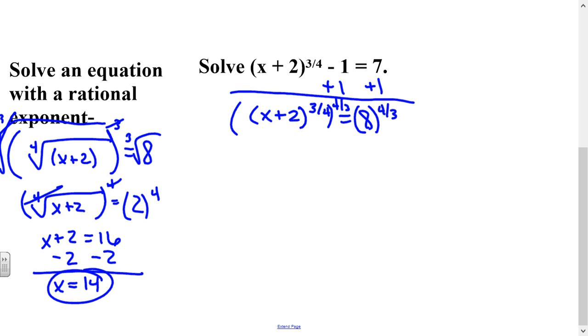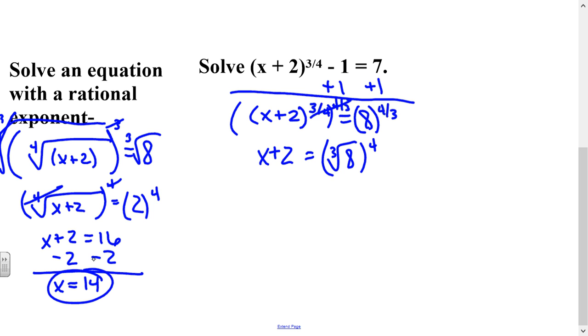So that's why if I take this to the 4/3 power, these will cancel out because 3/4 times 4/3 is just 1. And so that goes away. So if you do the reciprocal power, it goes away. And then we have x plus 2 equals 8 to the 4 thirds, which could be rewritten as the cube root of 8 to the 4th power.